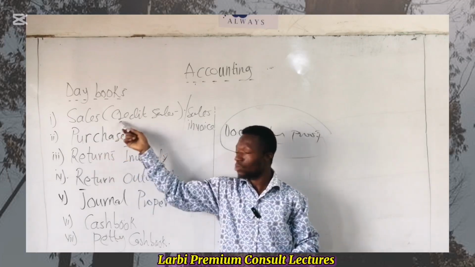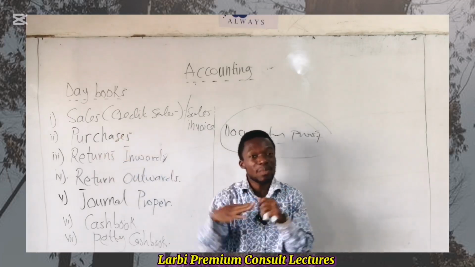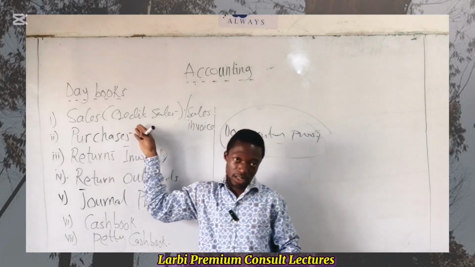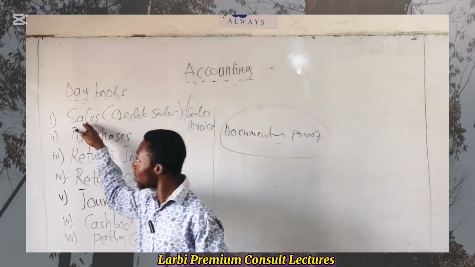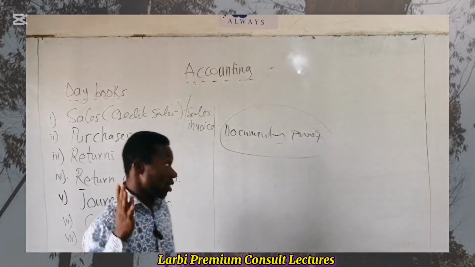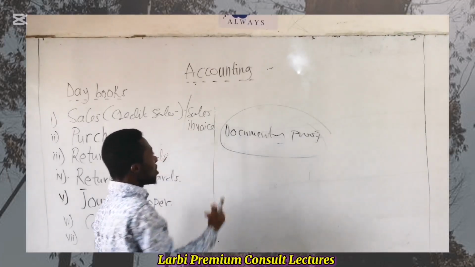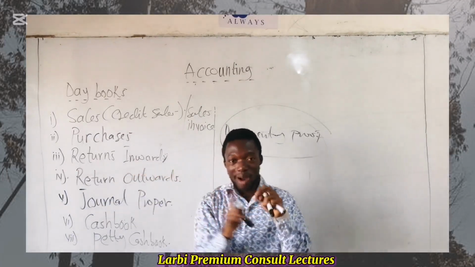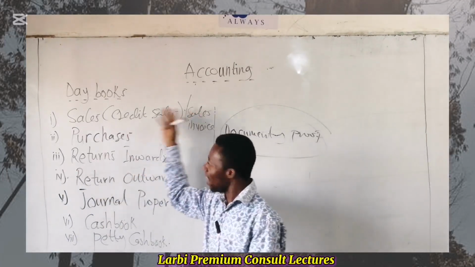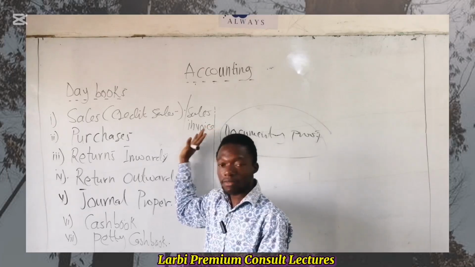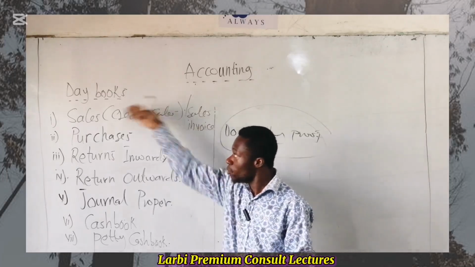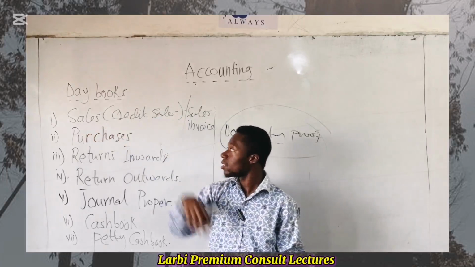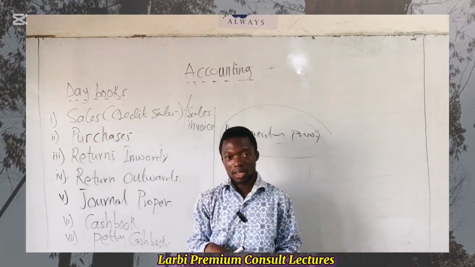Any sales which we engage in without receiving cash immediately, we call credit sales, and such transactions will be entered in the sales day book. The sales invoice will give us information about the quantity of the item that we sold, the price, the units, and a lot of things that will be recorded in the sales day book. So let's take note of that.